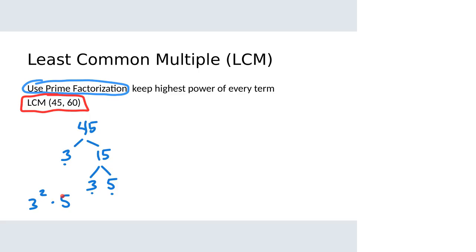In looking at the show your work from last week's quizzes, this was the easiest thing for me to spot. Okay, now we need the prime factorization of 60, and that's 6 times 10, which is 2 times 3 and 2 times 5. Putting it all together, it looks like I have 2 squared times 3 times 5.